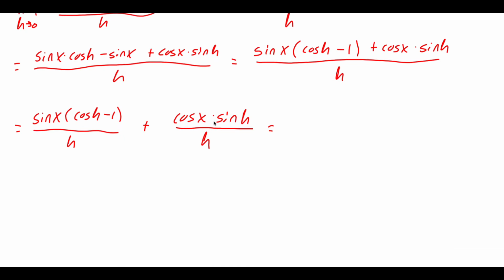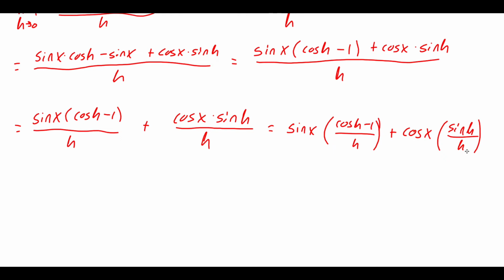Because we have multiplication happening in here, I'm going to separate that off of the fraction. Where we have the sine of x times this set of parentheses all over h, I'll rewrite it as the sine of x times the fraction cosine of h minus 1 over h. Then I'll do the same thing on the back end, writing the cosine of x times the sine of h over h.